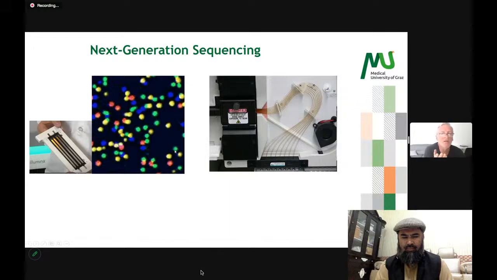We call it a read. One of these dots can roughly be compared to one of these capillaries. The sequencing itself takes place in such a flow cell, as many of you might have already seen. We use Illumina technology, which is the main supplier for these technologies. And how does this work now?